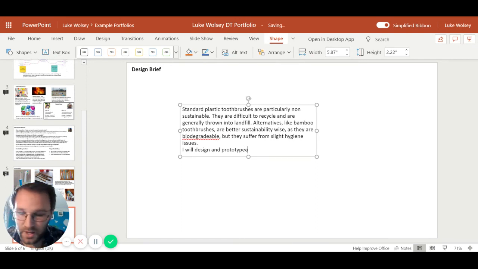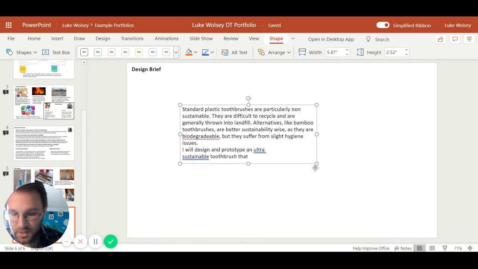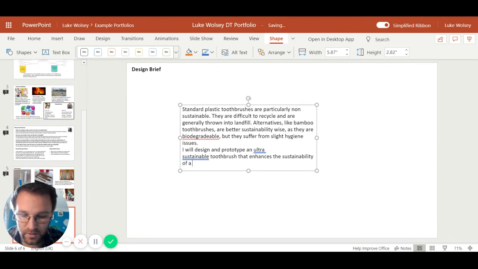I will design and prototype an ultra sustainable toothbrush that enhances the sustainability of a standard plastic toothbrush whilst retaining the hygienic qualities of a standard plastic toothbrush.